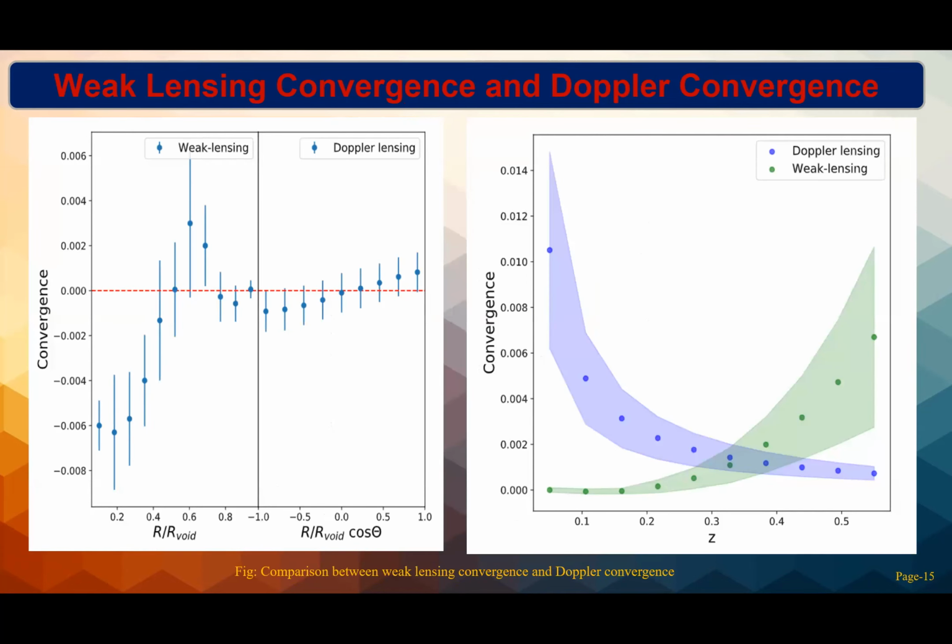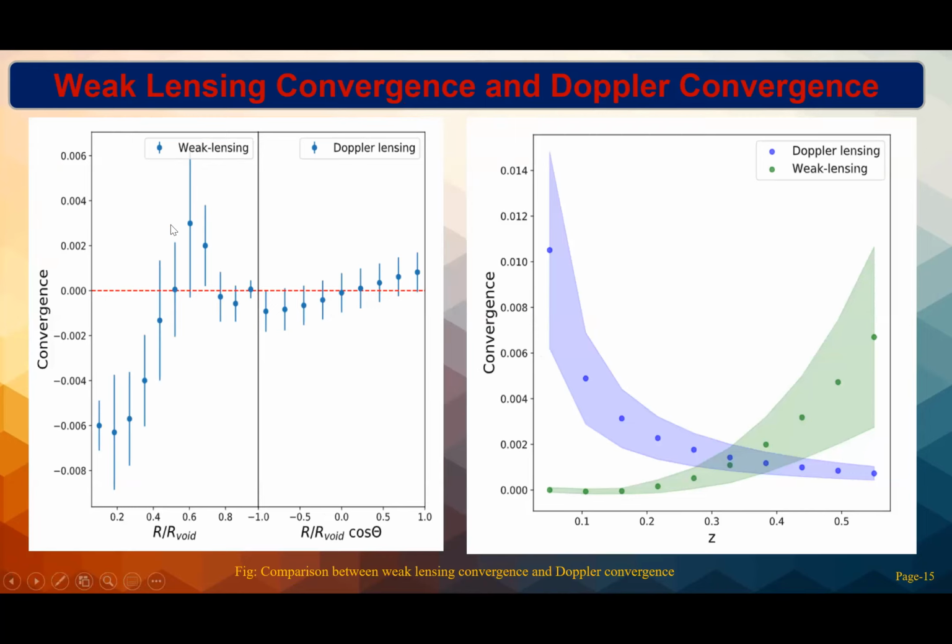So let's see some comparison between weak gravitational lensing convergence and the Doppler lensing convergence. In the left panel, the figure shows the convergence value as a function of impact parameters for both cases. That means for weak lensing and Doppler lensing cases.